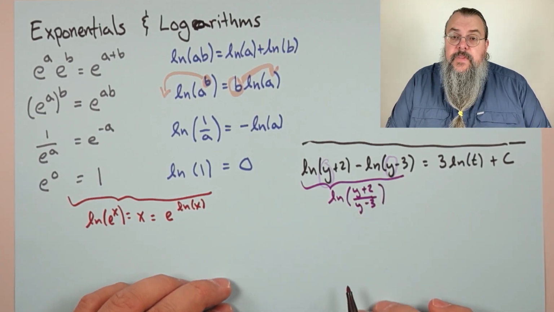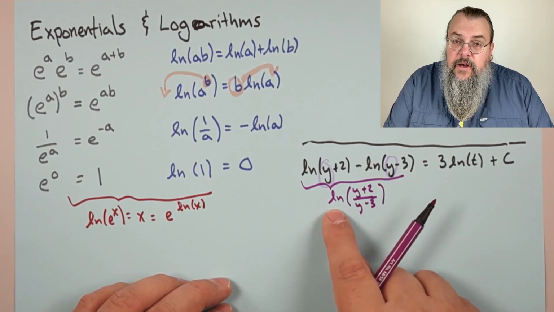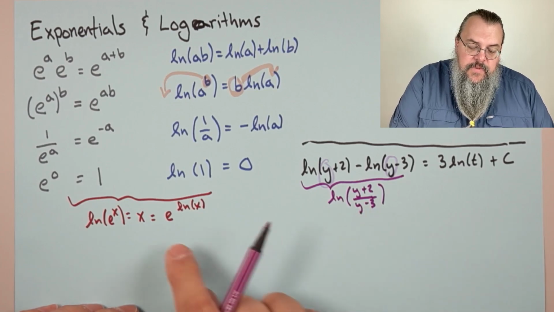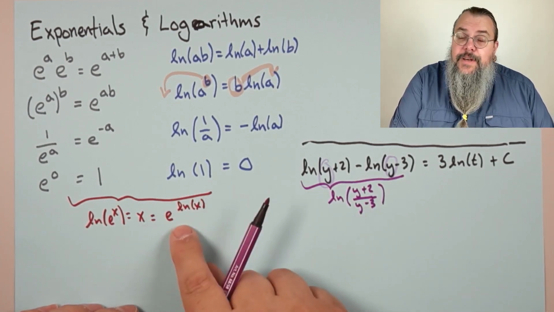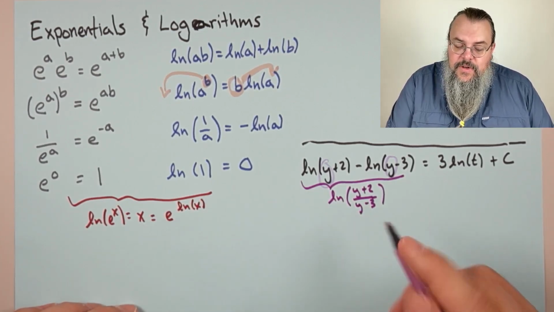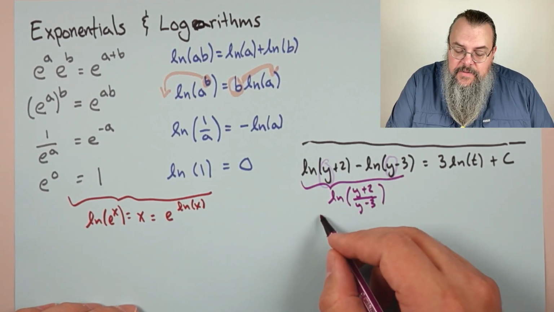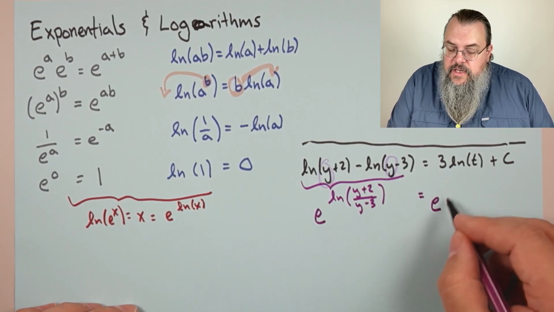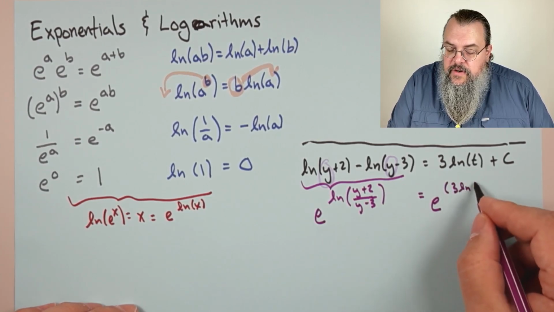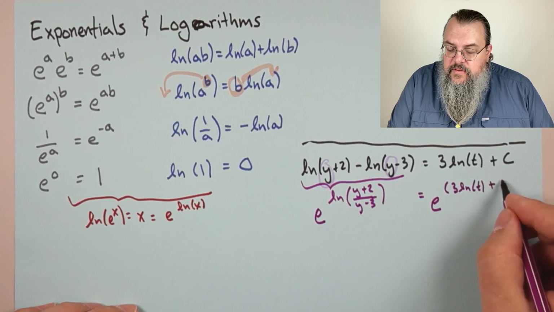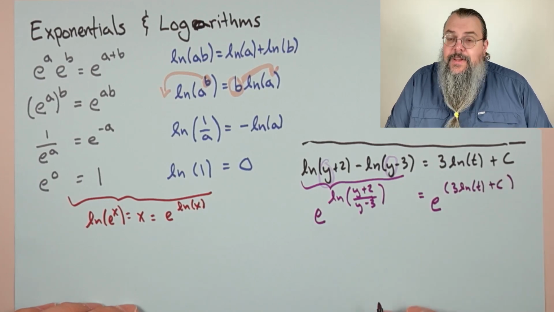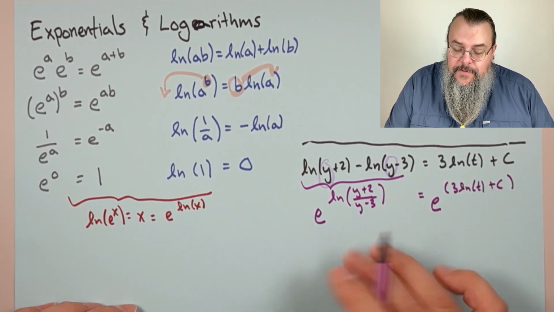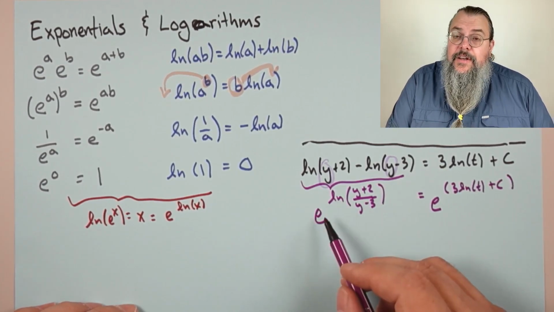All right. Now, we want to get rid of the logs because the y's are inside. And we say, well, is there a way to get rid of the logs? And that's where we use the fact that we have inverse functions. So we're going to say, let's take e to all of this. Well, of course, if we do it to one side, do it to the other side. Everything should be fair: e to the 3 log t plus c. All right, so what do we have? On the left, well, e and log are inverses.